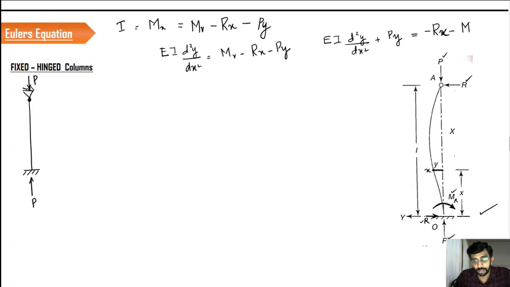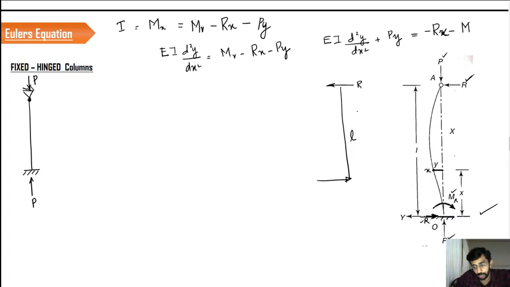Here you have to understand one thing. As I told you, this MR has developed at this fixed support because it arrests all the moments. Because of the presence of this MR, we have a new force R developed at the location of the hinge. That means to balance this MR, there should be an equal and opposite couple, which is created by this R and this R. We have an R here, which is separated by a length L from another R here.